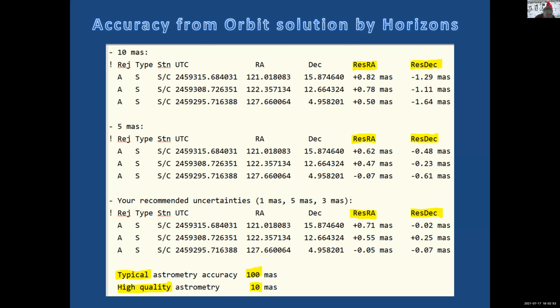We're getting down to half a milliarc second in a good event, which is more than a magnitude of precision greater. It's sort of 20 to 50 times greater than the best traditional astrometry.